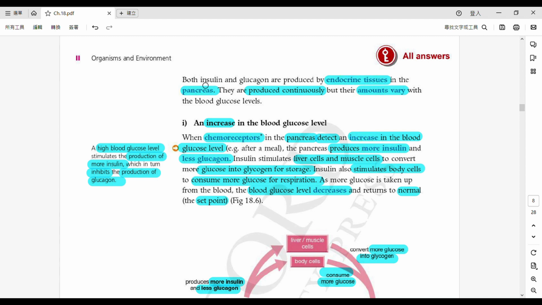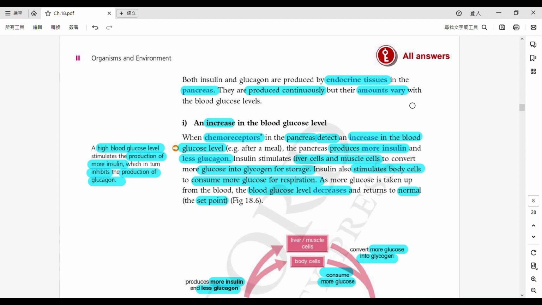It is the producer. Okay, but remember this thing. Please put a small star over here as well. Remember that both insulin and glucagon are produced continuously, but their amounts vary. What does vary mean?